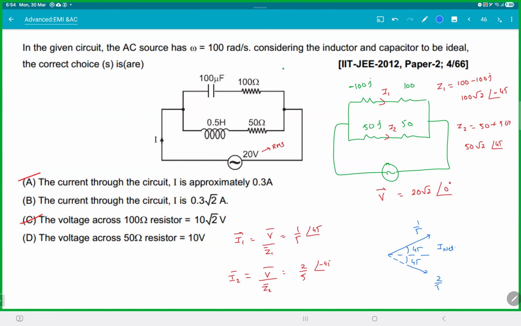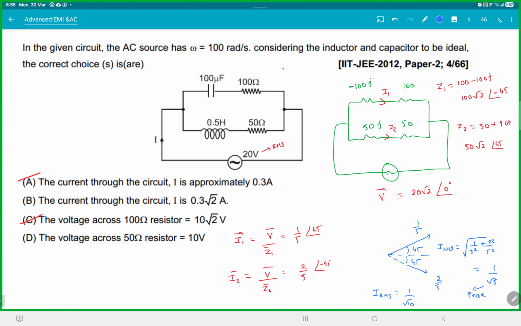Since it's just asking for the RMS, how much will that be? That would be 1 by root 5. Be careful, this is the peak value. So I RMS will be 1 by root 10. That's close to 0.3 actually.